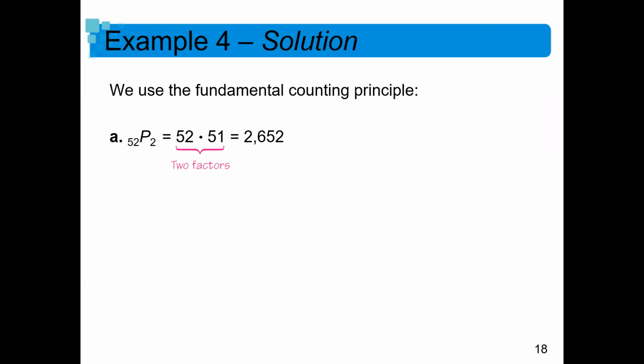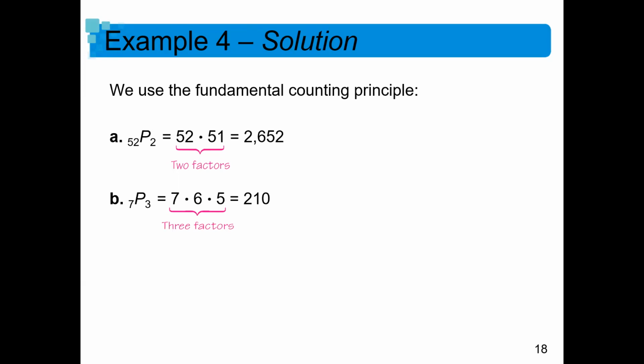We start off with 52 possible elements. So we choose one. And then for the second choice, we only have 51 elements left since we already chose one originally. So we use the fundamental counting principle: 52 times 51 equals 2652.